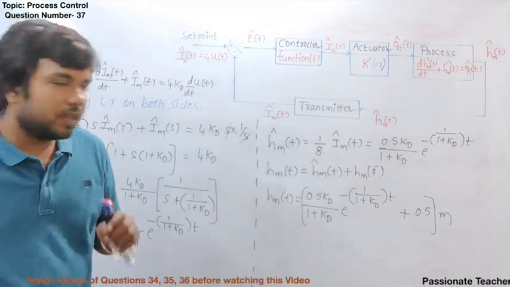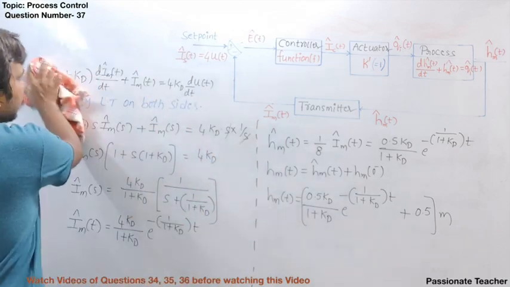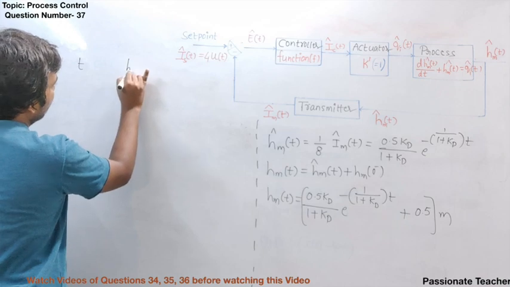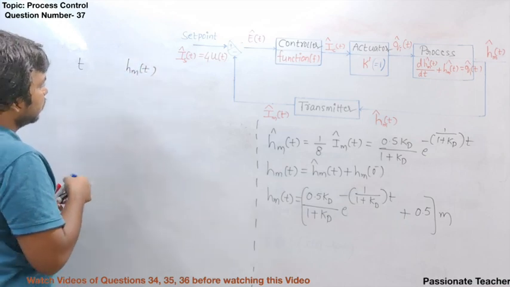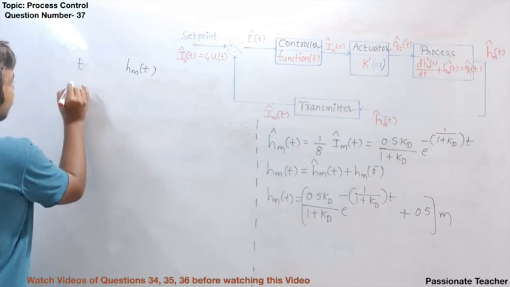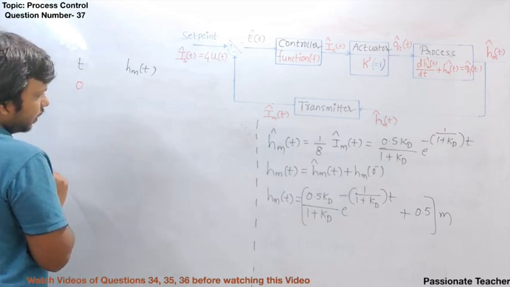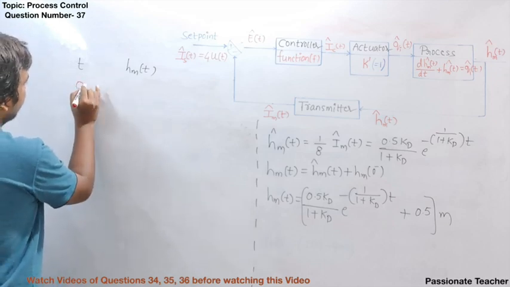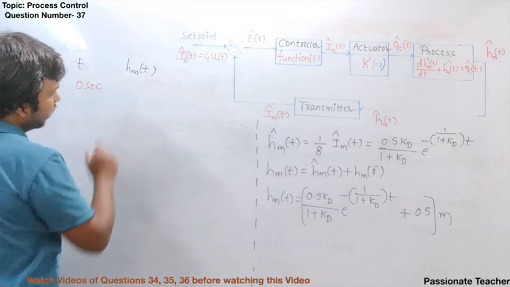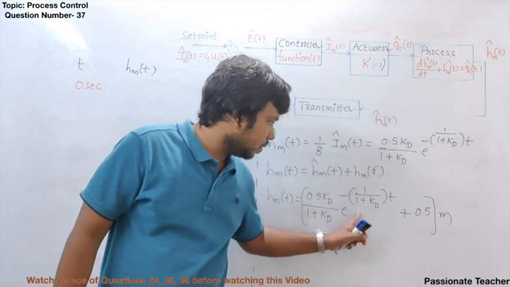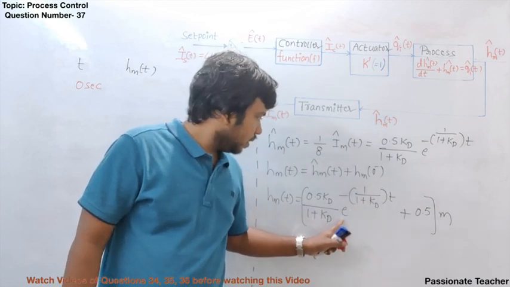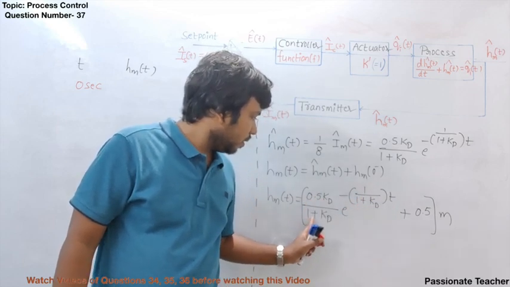Now we will see with respect to time what happens here: time and water level Hm of t. When we substitute t equal to 0, that means 0 seconds, let's see what happens. Hm of t, substitute t equal to 0, it becomes e power 0, 1, so 0.5 kd by 1 plus kd.